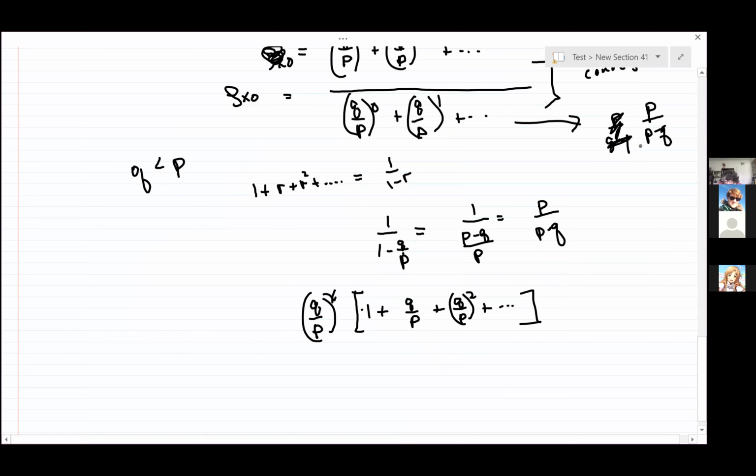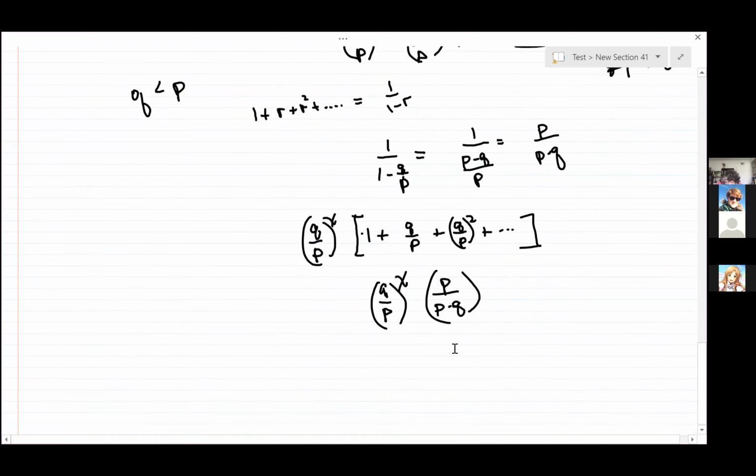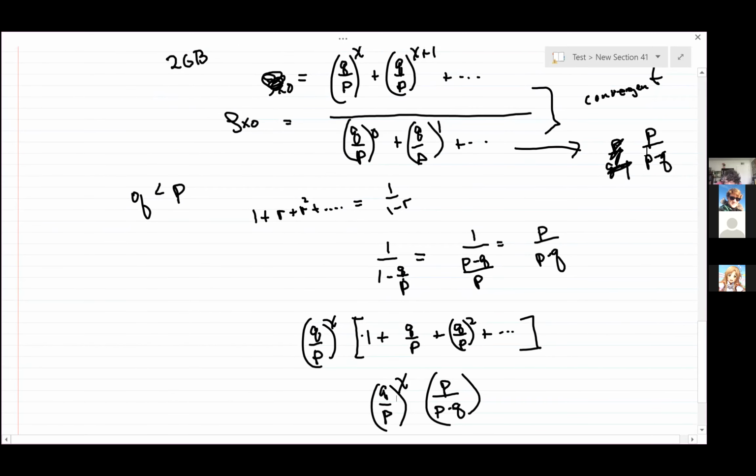This converges to this again, P over P minus Q. And then all you have to do is multiply that by Q over P to the x. So the numerator converges to this, and the denominator converges to this. And if you take the ratio, the P over P minus Q cancel, and you just get Q over P to the x, which is the result of 27b.